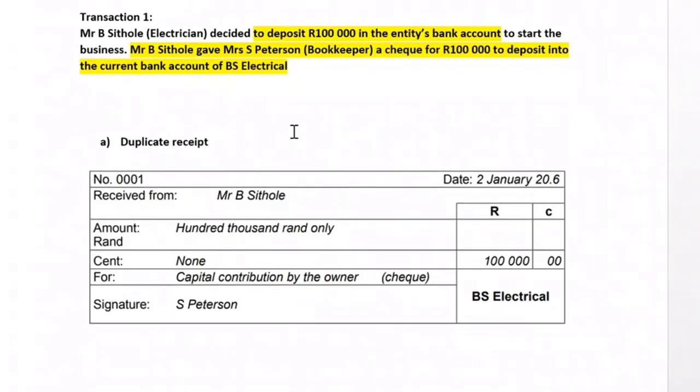I think you will see it when you get to Learning Unit 4, but I'm just doing it now. When you get to Learning Unit 4, then you will understand. You record a transaction in your cash receipts journal when money is being deposited or transferred into the business bank account.